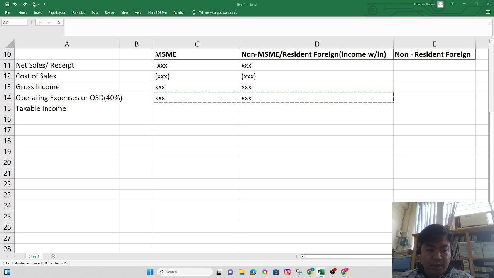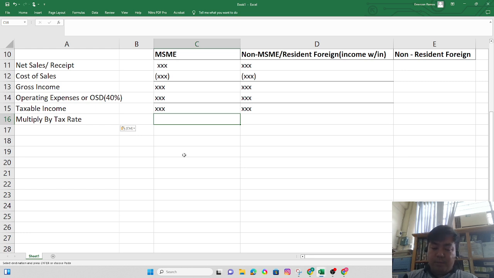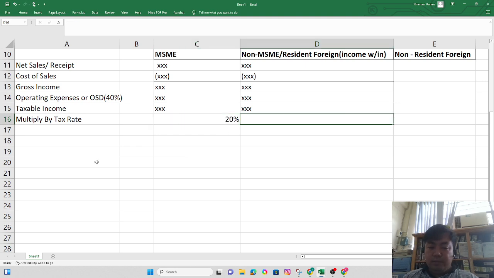After taxable income, we can now multiply the taxable income to our tax rate depending on the type of the taxpayer. So for MSME, domestic corporation, their tax rate is 20%.